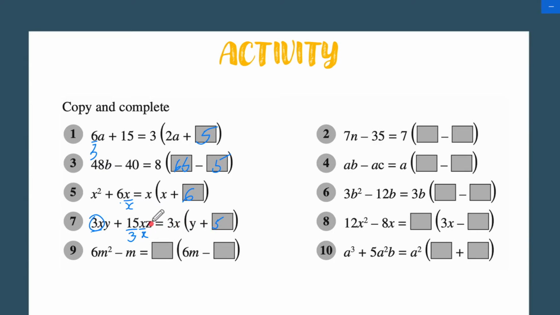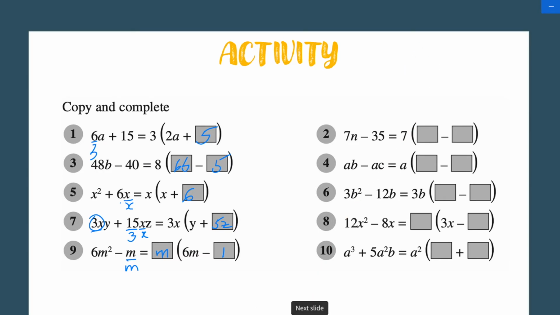X divided by x is 1, and you're left with this z. Okay, 5z. Here you have 6m squared minus m. Obviously, the only thing repeating here is the m. And then you have 6m minus, and you divide m by m, you're left with what? You're left with 1. Okay, so that's how you do it.